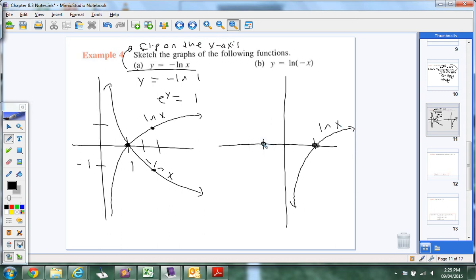Because what happens is if I plug in 1, it's now a negative 1. Okay, so in order for this one to work, I have to plug in a what? A negative 1. A negative is a positive. Now I actually have that dot there. Okay, and then it's just going to be reflected the same and come down. So this one, part B, is reflected on the y-axis.